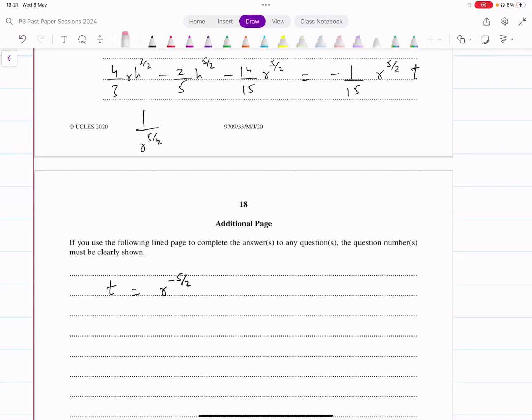And then 15 goes to the other side. It gets multiplied. This negative goes to the other side as well. I'm multiplying the left side by minus 15. Okay. Let's see what that gives me. 15 into 4 over 3, that's 20.